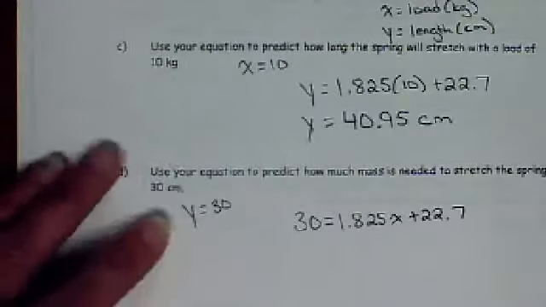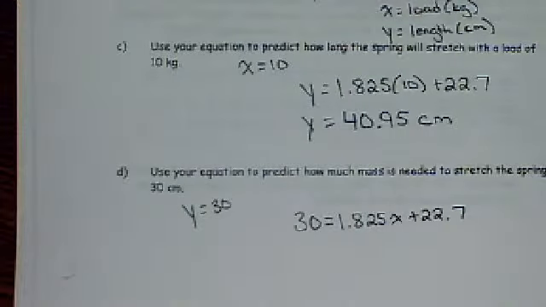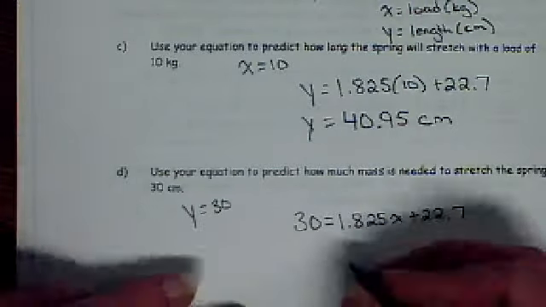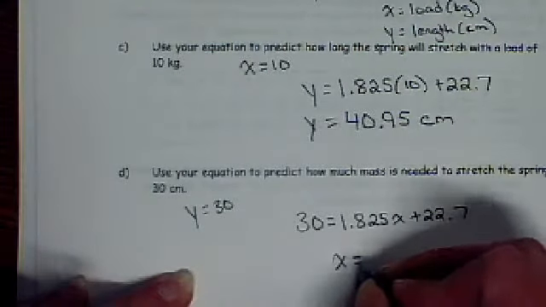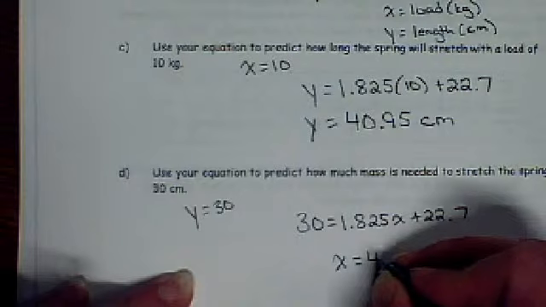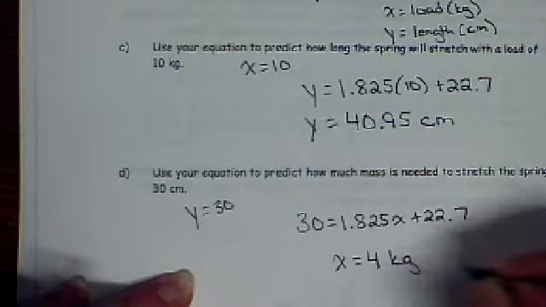Notice I showed plugging it in the equation, so I get my method point. IB doesn't care about seeing every single one of your steps, but they do want to see that. And hopefully, when you solve it, you get the same thing I did, and I get X equals 4 kilograms.